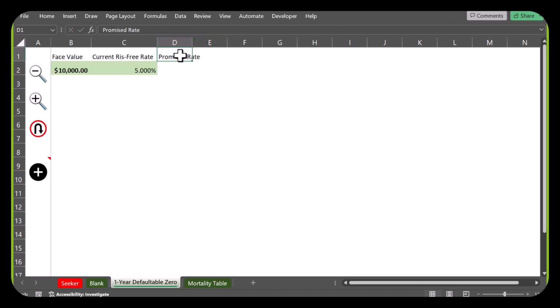Actually, I don't even need to go into promise rates. Let's look at recovery amount.